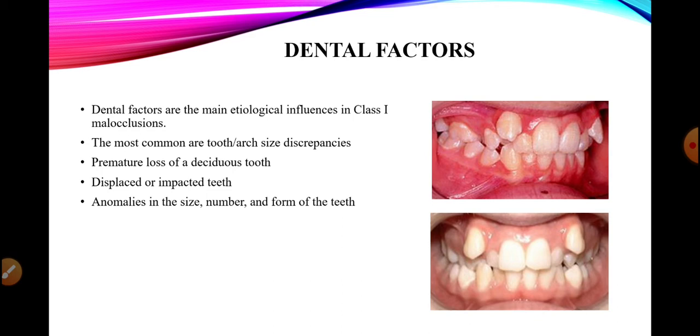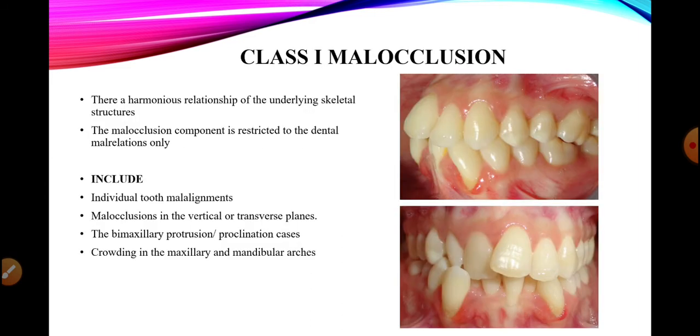Among the dental factors, we said that they can be environmental or local factors, can be localization of pre-existing crowding or any disharmony between the size, shape, and form of teeth, or displacement or impaction. All these factors may lead to the development of a class 1 malocclusion.